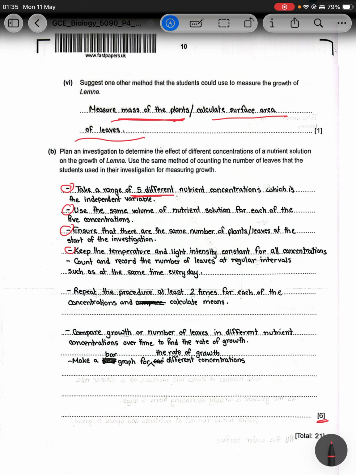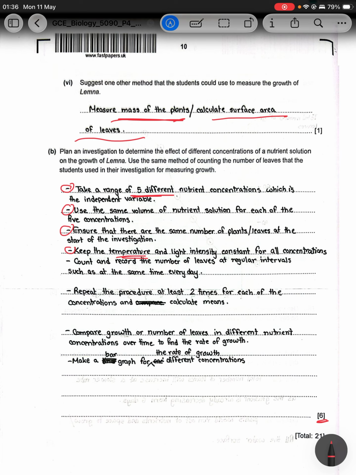And then use the same volume of nutrient solution for each of the 5 concentrations. Even if the concentrations are differing, in 5 different levels, you need to use the same volume of the nutrient solution. And then ensure that there are the same number of plants or leaves at the start of the investigation, just for consistency and so that the measurement is accurate.